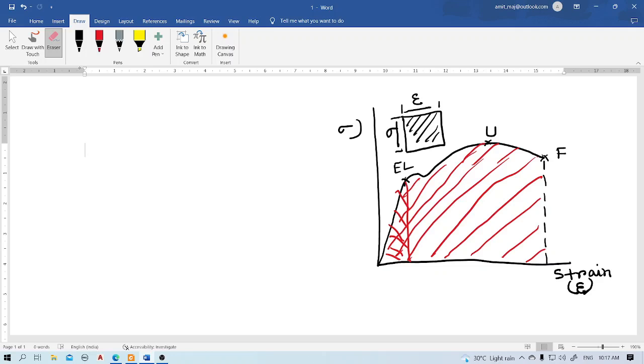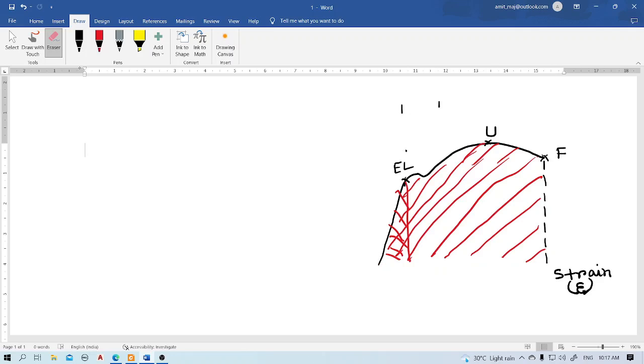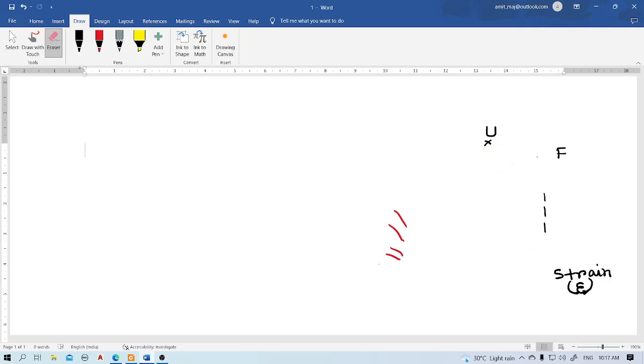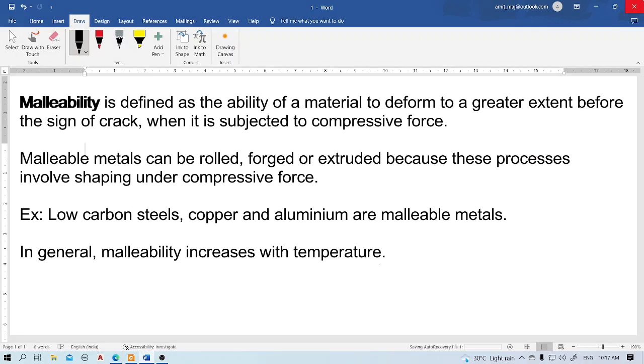Okay, so the next property I am coming to is malleability. It is defined as the ability of a material to deform to a greater extent before the sign of crack when it is subjected to compressive force.